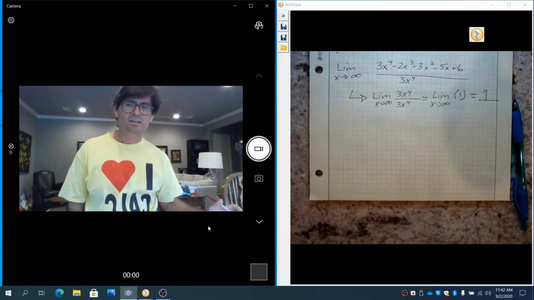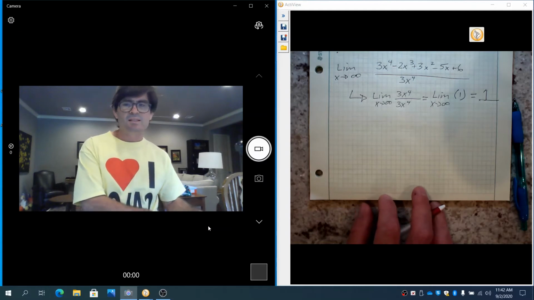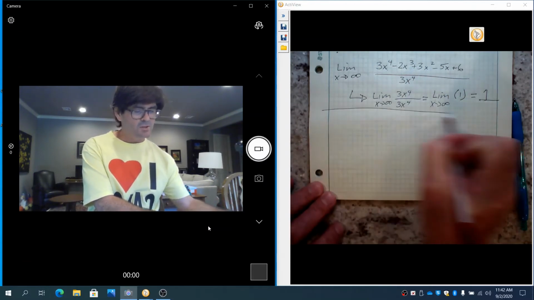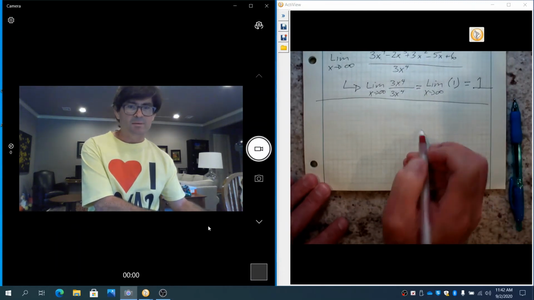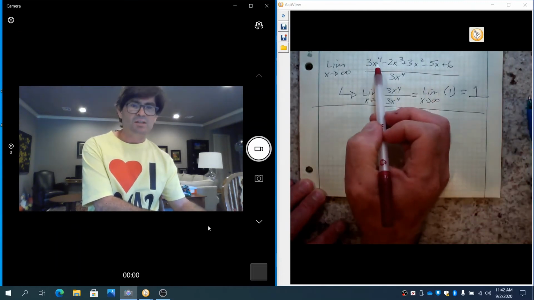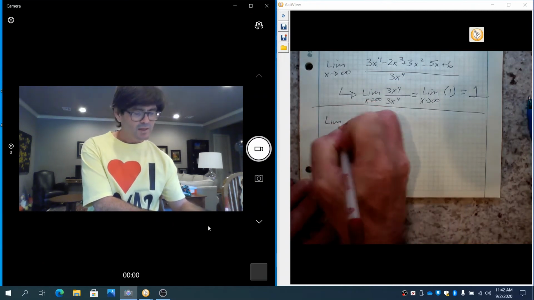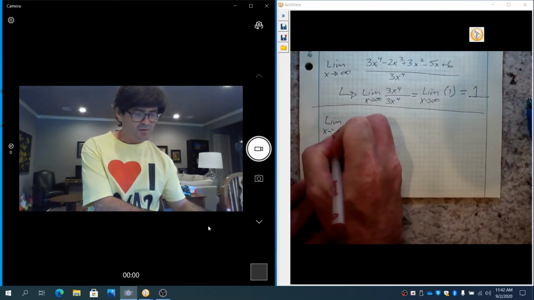Now, I want to show you this in a little bit more detail. Instead of you taking my word for the fact that each of these terms cancels out, I want to break it up into pieces. Anytime you have a rational function that's divided by one item, you can rewrite this as a bunch of different terms added or subtracted together.